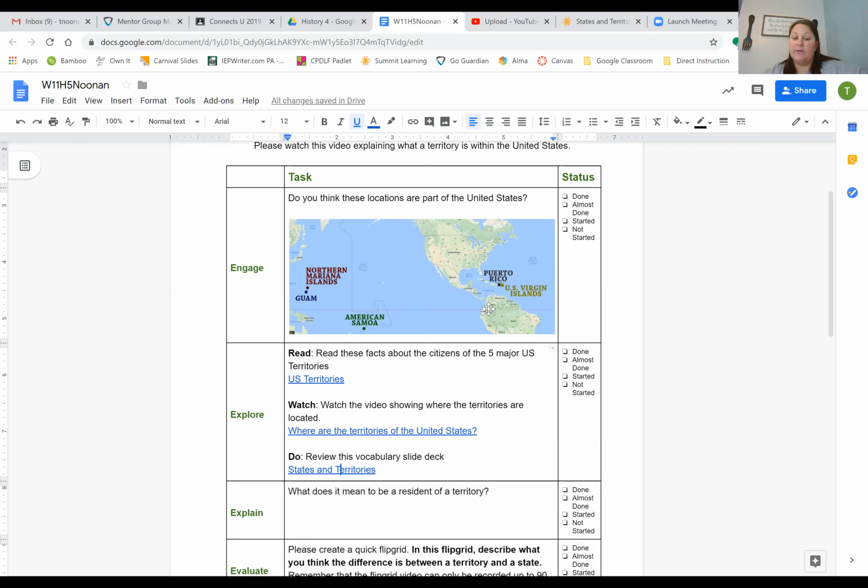So these are the ones we want to focus on, okay? The Northern Mariana Islands, Guam, American Samoa, Puerto Rico, and the U.S. Virgin Islands. You may have heard of some of these, and you may not have. So just think, are these locations part of the United States?